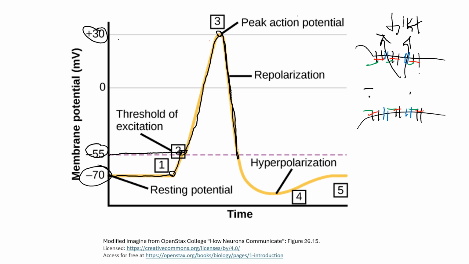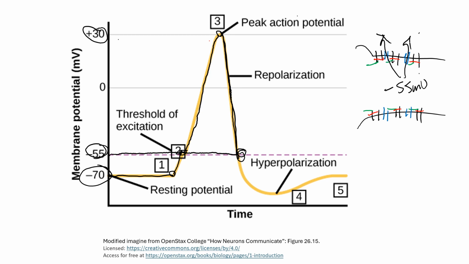And very importantly here, when the interior repolarizes to negative 55 millivolts, which is threshold, technically that's the threshold value, we see that the voltage-gated sodium channels don't open, because they technically should open at that threshold value, but they don't.